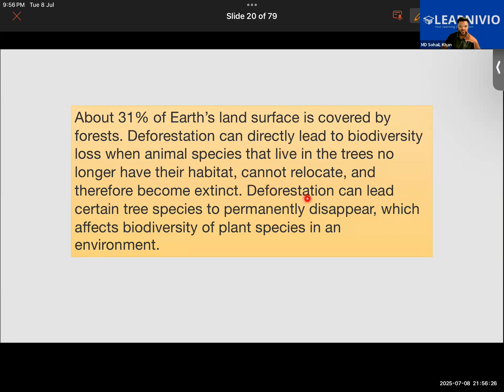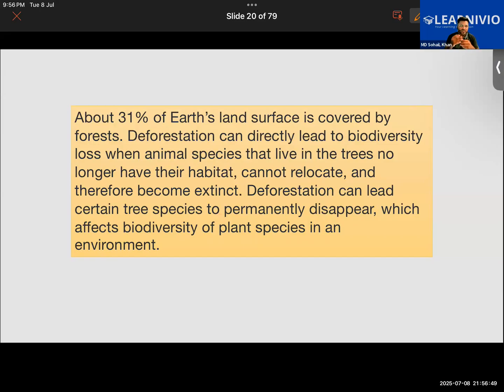Deforestation can also lead to loss of biodiversity in this sense: it can even lead to loss of certain very rare plants. Deforestation can cause certain tree species to permanently disappear, which will affect the biodiversity of the plant species in that area.